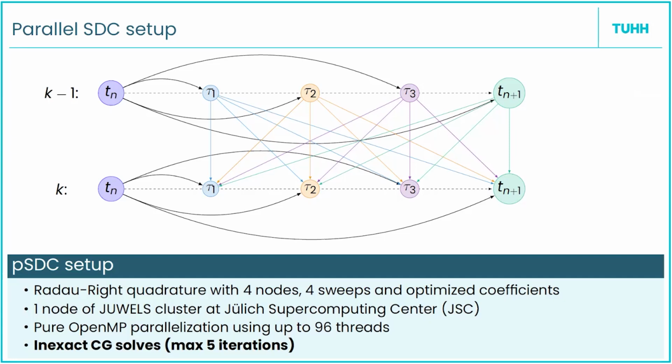So our goal when this project started was really to just add a little bit more parallelism to this time integration method. To give you the actual configuration, we are using 4 nodes and 4 sweeps. In the end, we have a 4th order method, and the established method in ICON is actually a 1st order scheme.